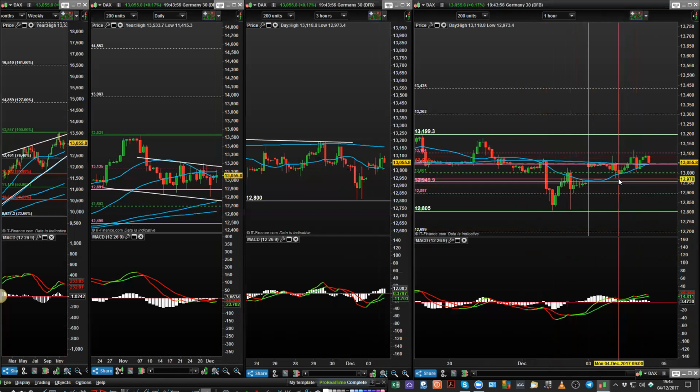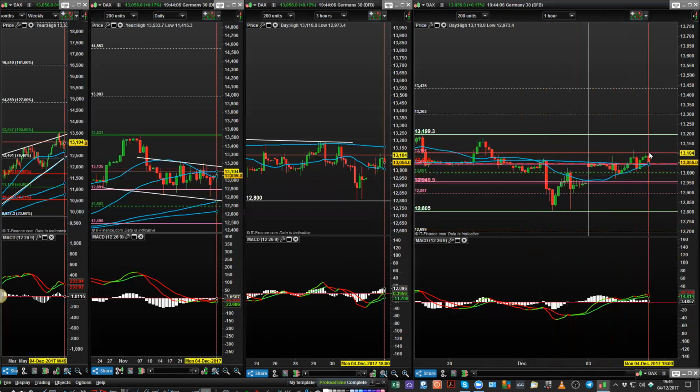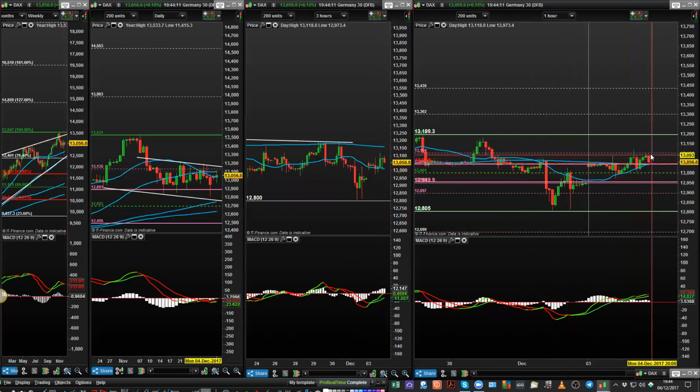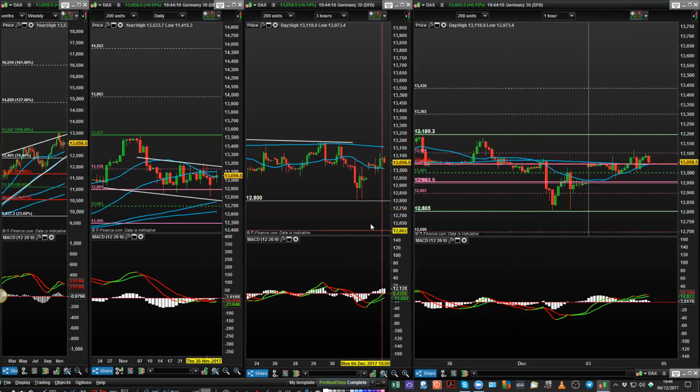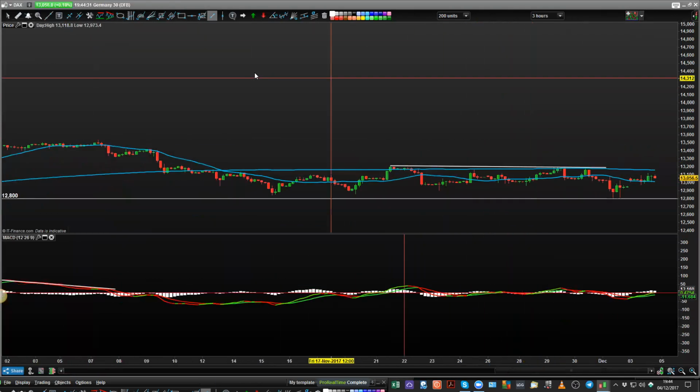Hadn't done a proper gap fill, almost gap filled, but smacked into 120 and then sold at the top of the fib zone here at 100, and here we are close to 50 again, but very, very choppy. I think we could be in for some more selling. Like the rest of the markets, I think this needs to drop lower.